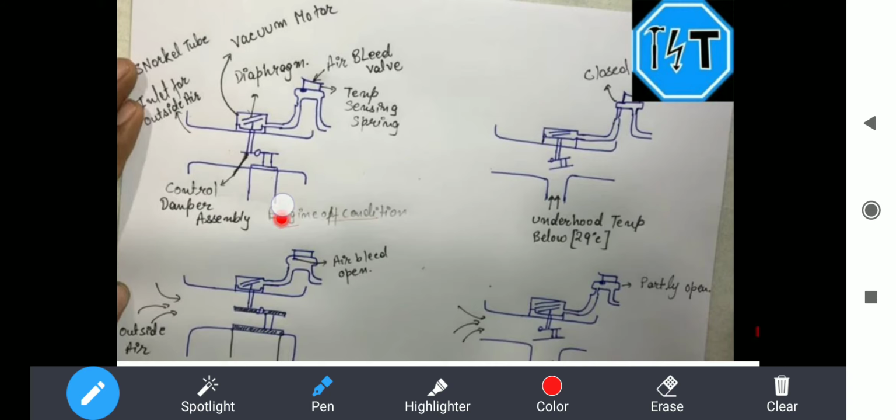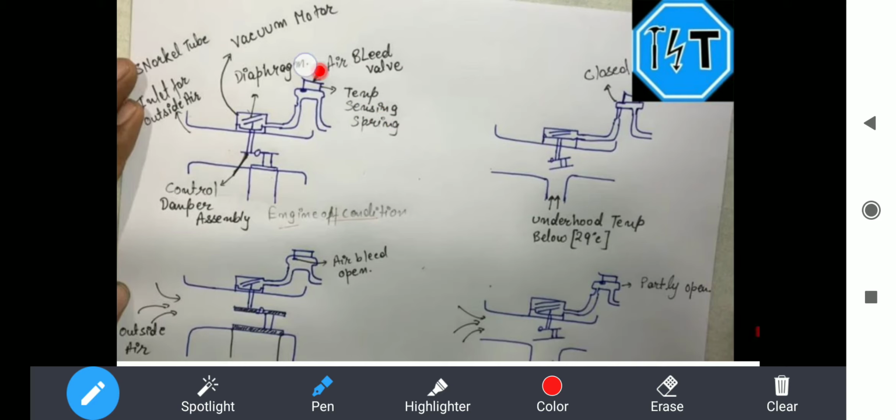Now you can see in this condition over here there is a diaphragm. Diaphragm means a spring piston, which is lifted up by the pressure and goes down when the pressure is released. And here is an air bleed valve, where the temperature sensor is fitted, as well as the spring.